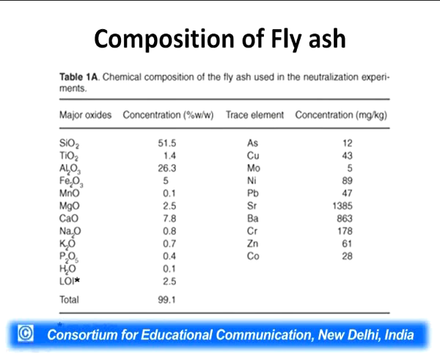Apart from those I mentioned, some more chemical components are given: P2O5, some water. Some trace elements are also significantly observed. They are arsenic, copper, molybdenum, nickel, lead, strontium, barium, chromium, zinc and cobalt.